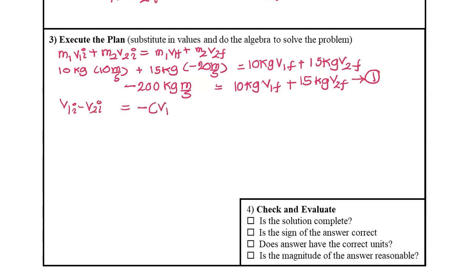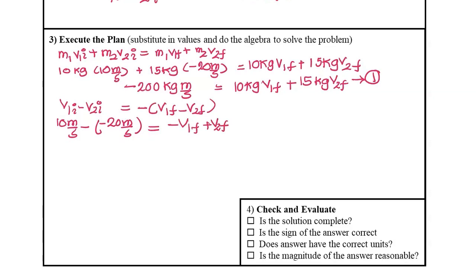And then the second equation: V1 initial minus V2 initial is equal to negative V1 final minus V2 final. So the initial velocity of the first object is 10 meters per second minus negative 20 meters per second is equal to negative V1 final plus V2 final. And 10 minus negative 20 is 30 meters per second, which is equal to negative V1 final plus V2 final.